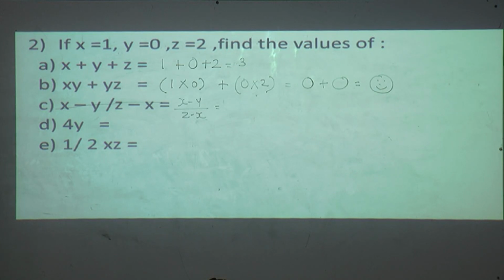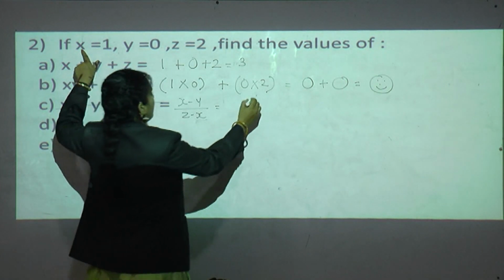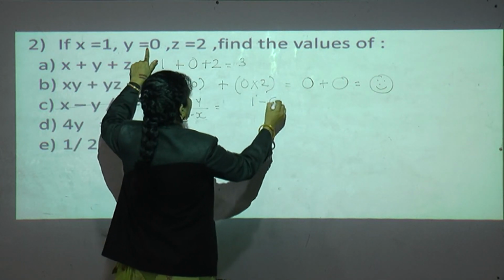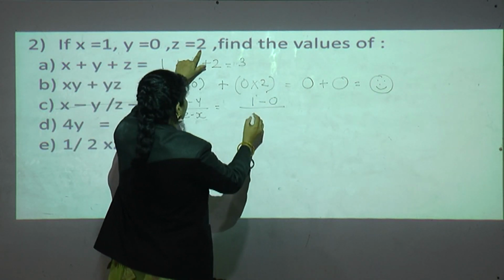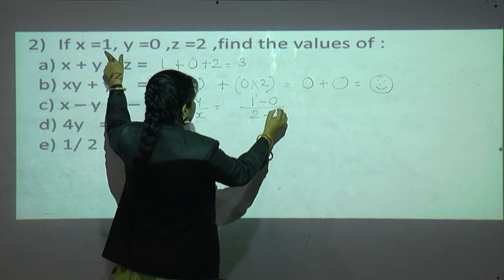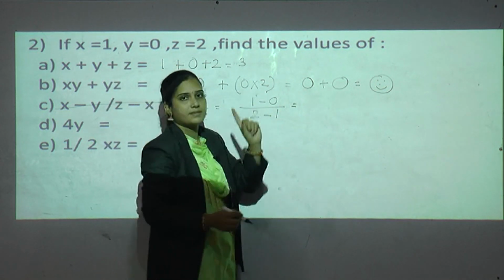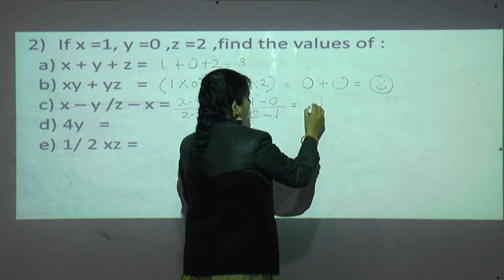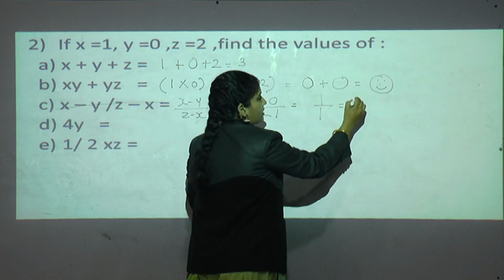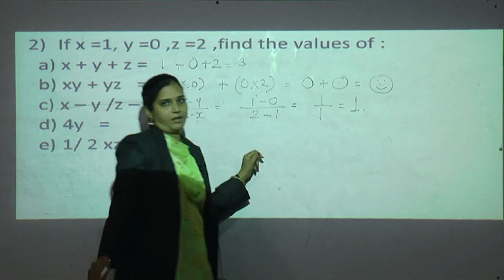Okay, this is the equation in your book. So x is 1, y is 0, here z is 2 and x is 1. 1 minus 0, 1. Here also 1. That means your answer is 1.